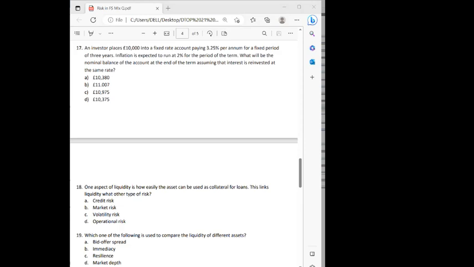So 10,000 into 3.25%, to the power 3. In this case, the inflation is given as misleading information.